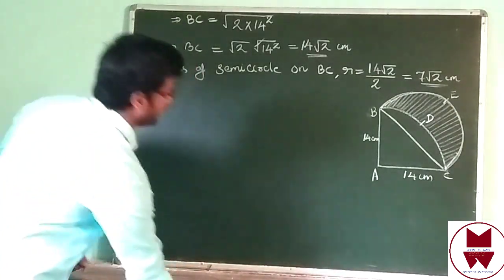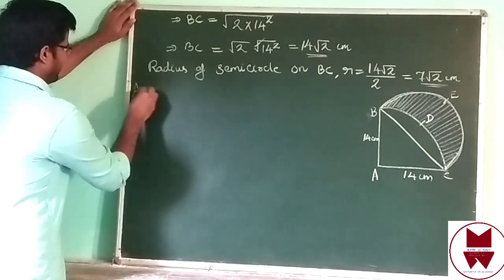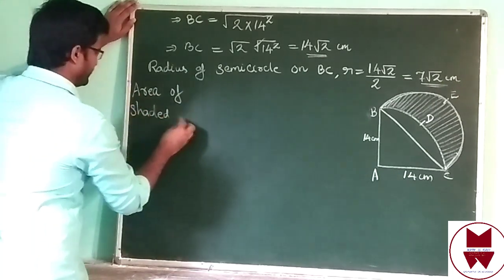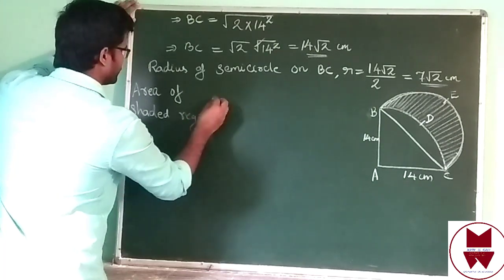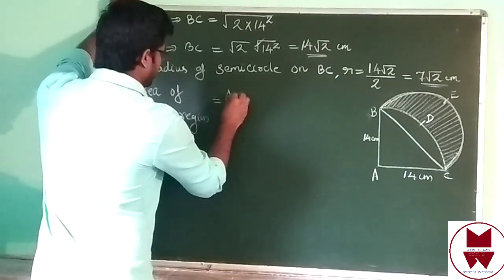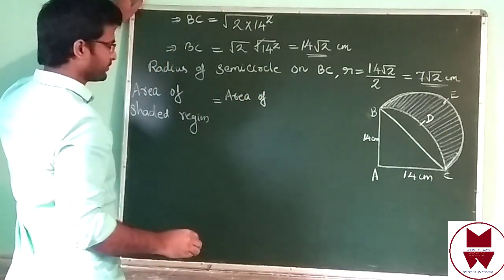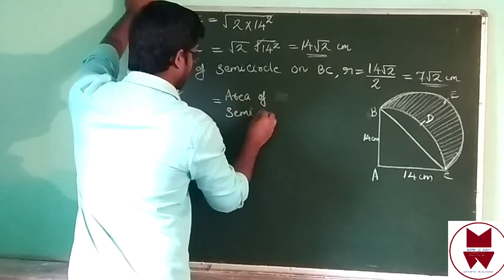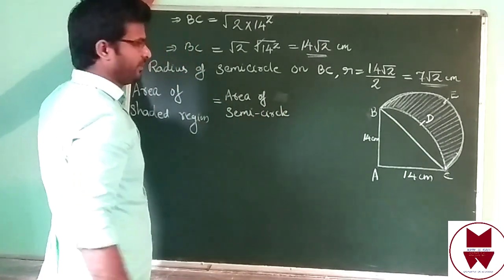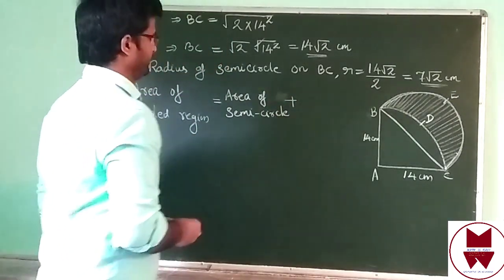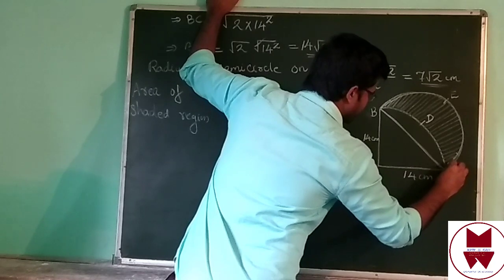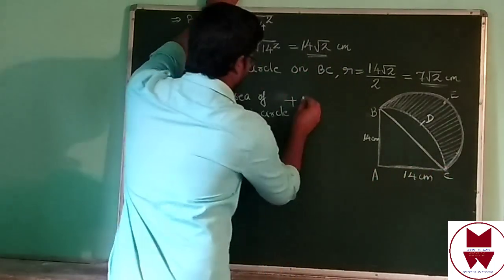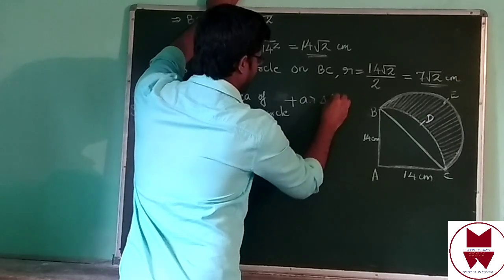Then our question, we have to find the area of the shaded region. Area of shaded region equals, first we will find the area of the semicircle plus area of triangle ABC.